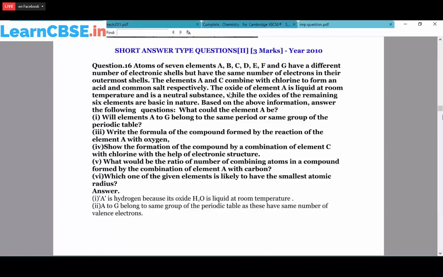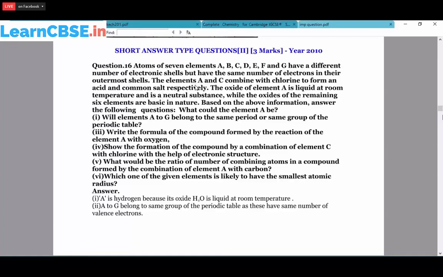So this question is from the year 2010. The atoms of the 7 elements A, B, C, D, E, F, and G have a different number of electronic shells but have the same number of electrons in the outermost shell. Okay, so it means that it's having the same group because it's having the same number of electrons in the outermost shell.